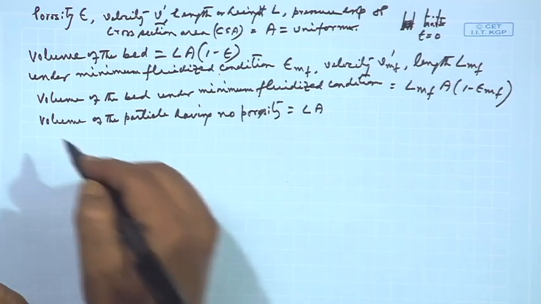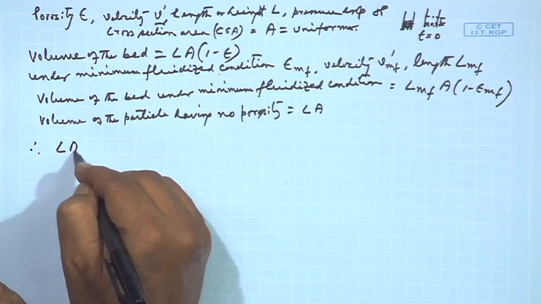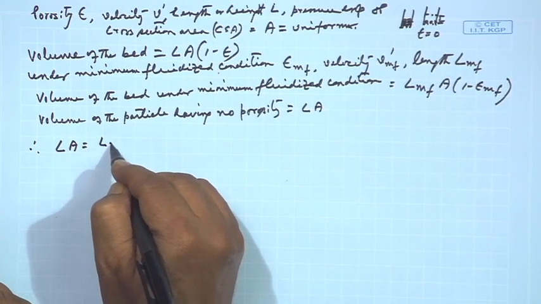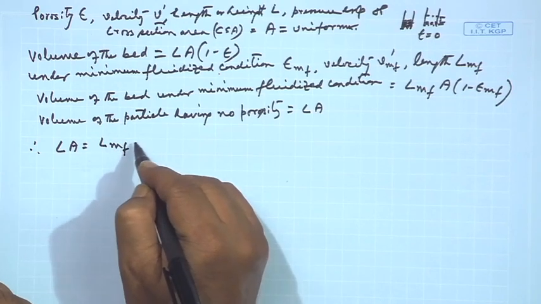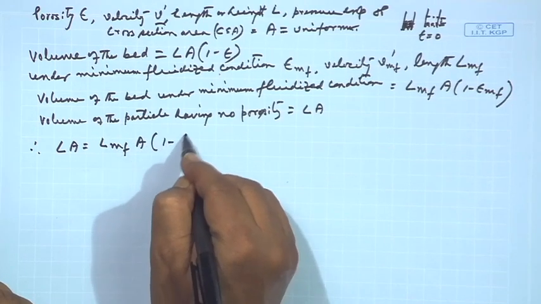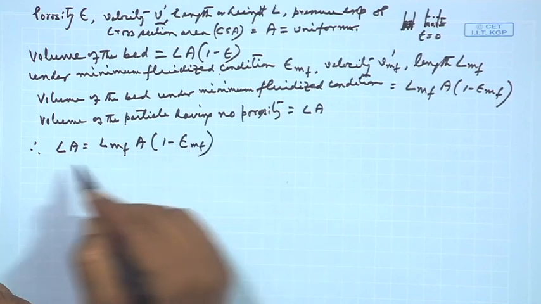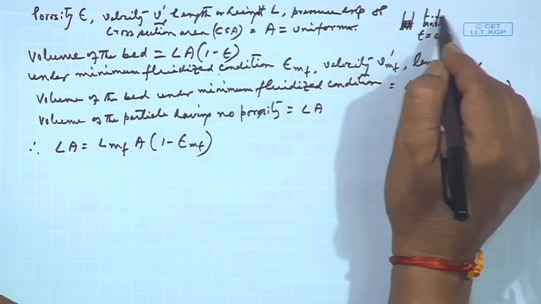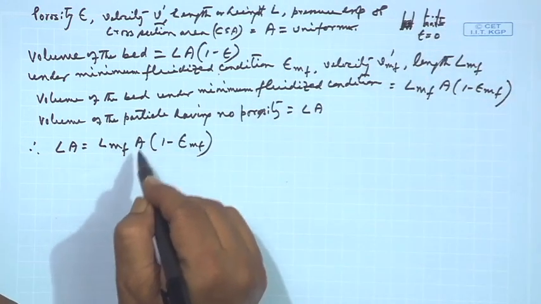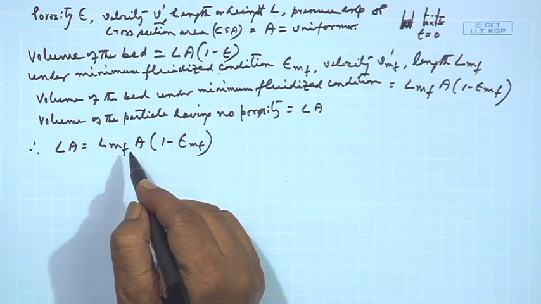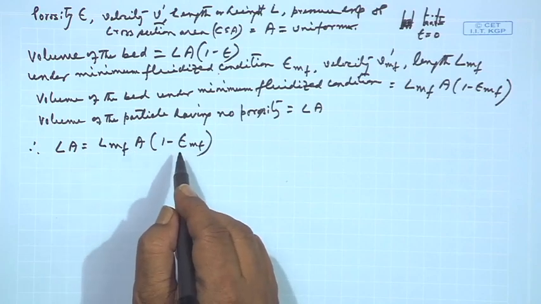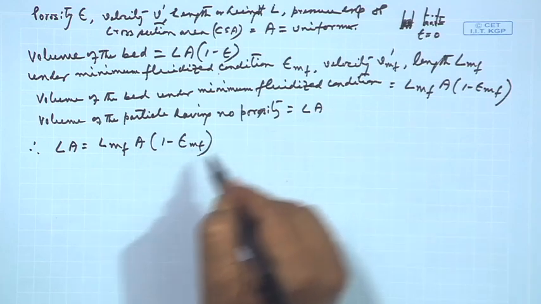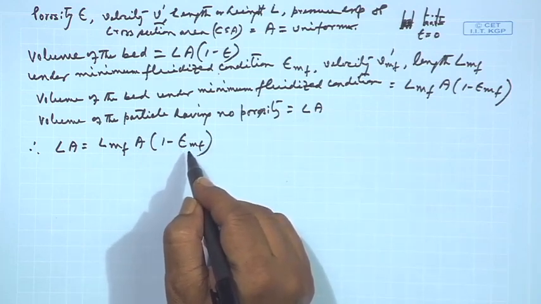So, we can say that this L into A, the volume of the particles, must equal L mf times A times 1 minus epsilon mf, because the same particles are there. This is the height under fluidized condition, and the particle sectional area remains the same. Epsilon mf changed; earlier it was 0, now it is the new epsilon mf.